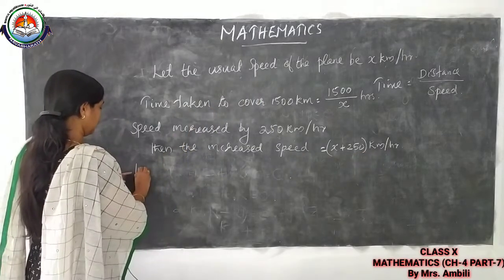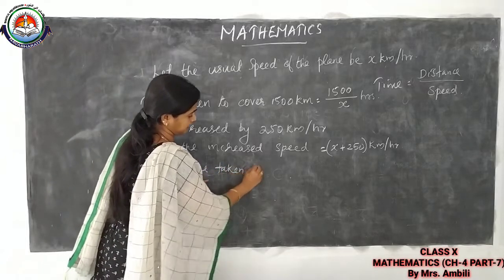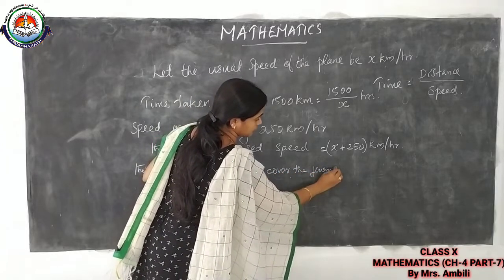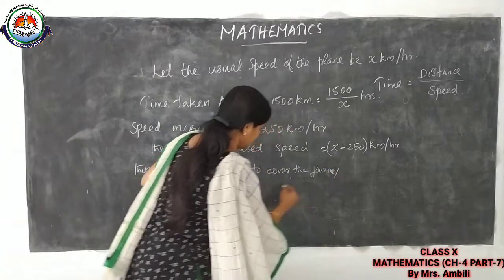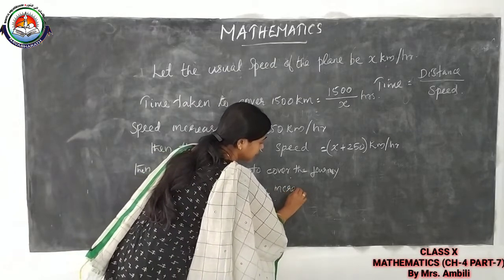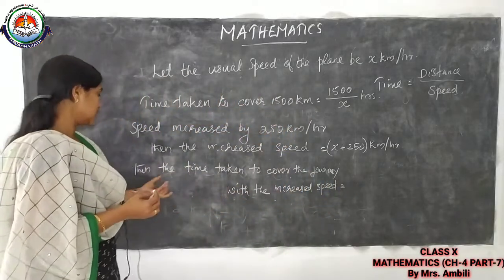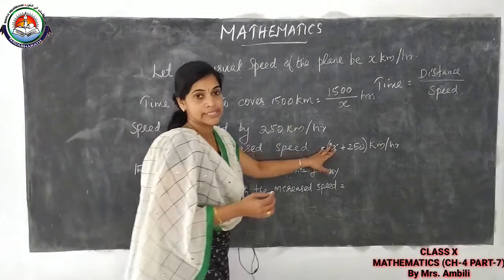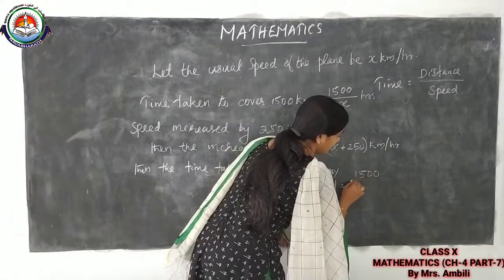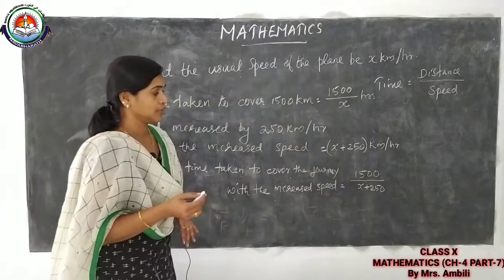The time taken to cover the journey with the increased speed equals, we know that time equals distance by speed, that is 1500 divided by x plus 250 hours.